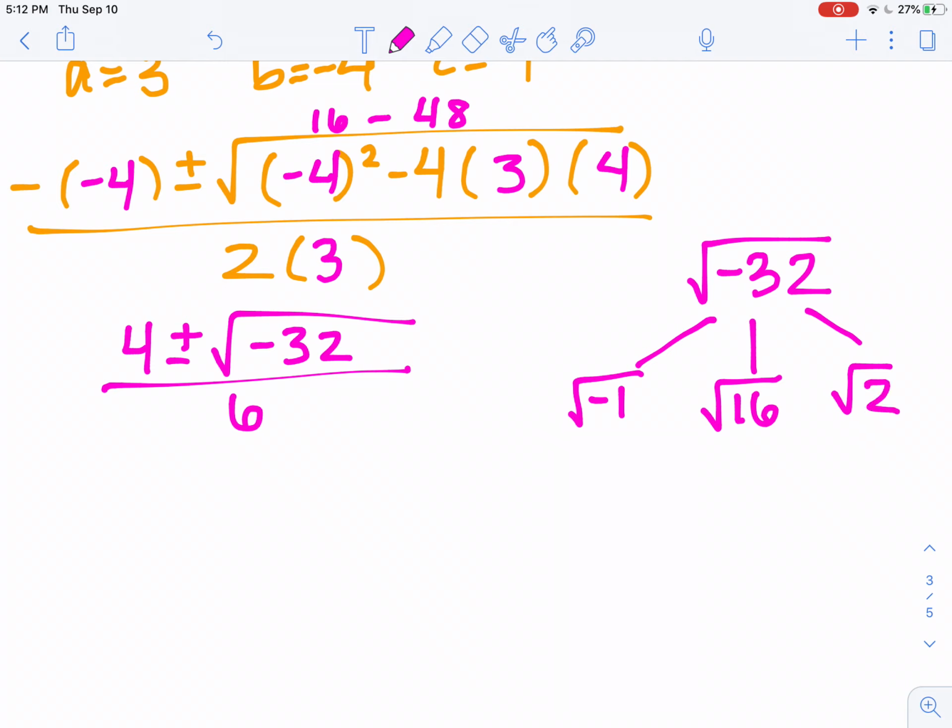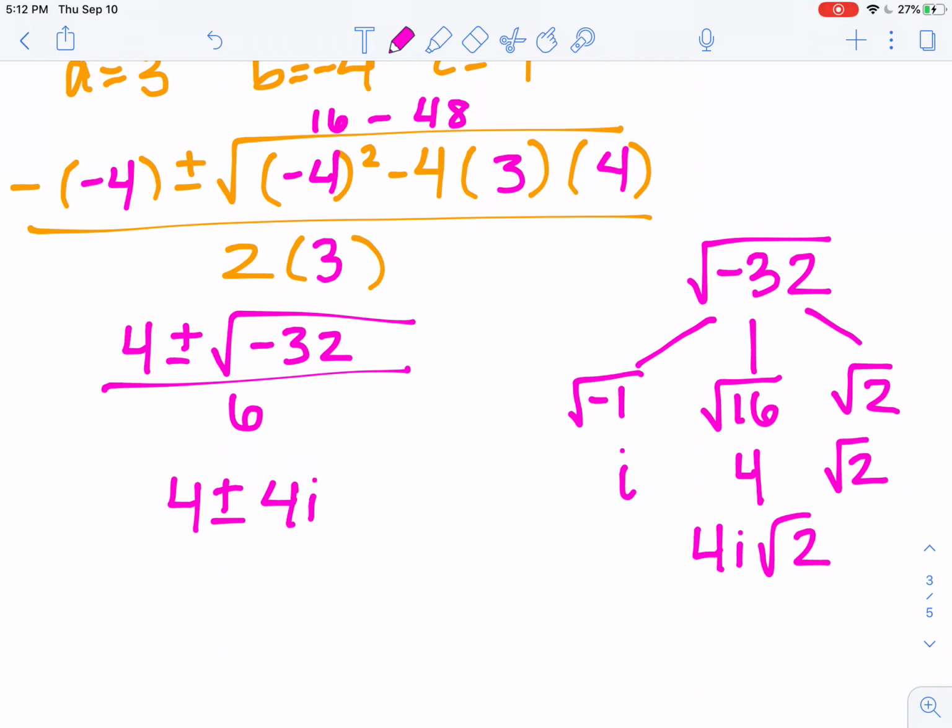So when I take the square root of negative 1, I get i. The square root of 16 is 4. And the square root of 2 remains square root of 2. So I'm going to put this together. We get 4i square root 2. And I'm going to put that back into our answer. So now we have 4 plus or minus 4i square root 2 over 6.